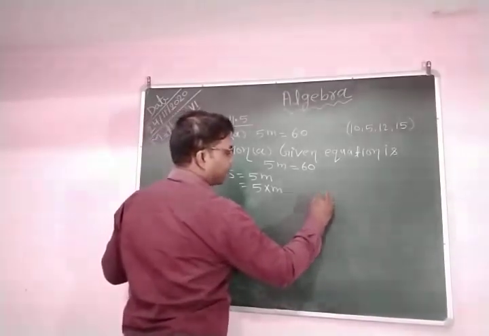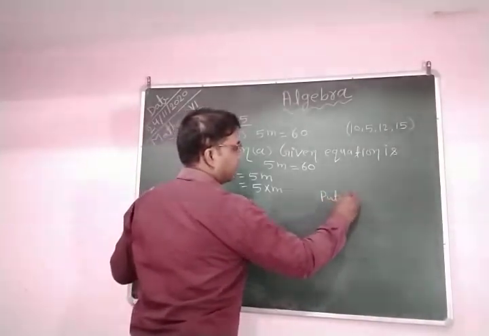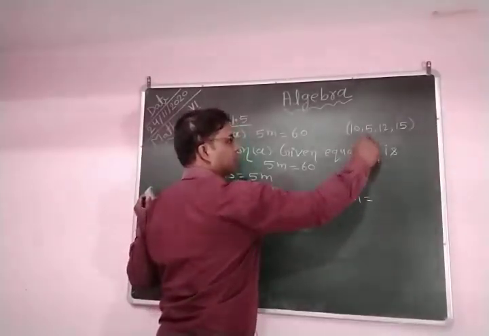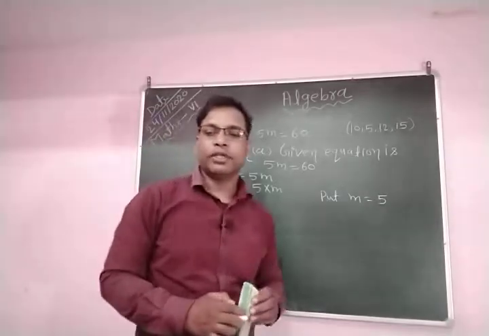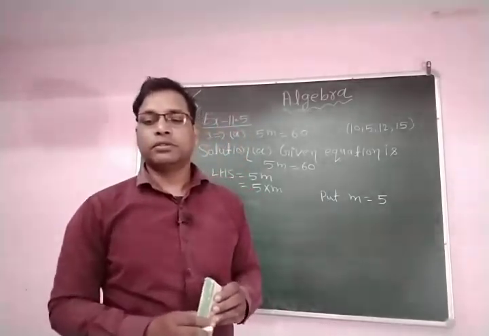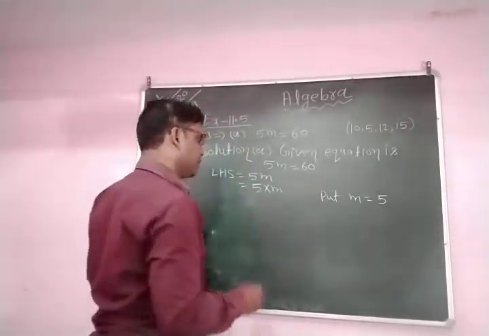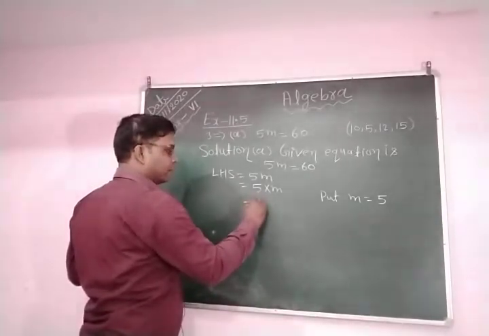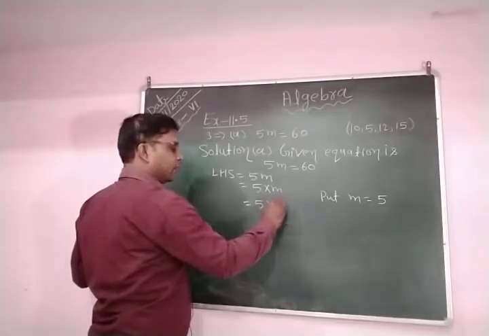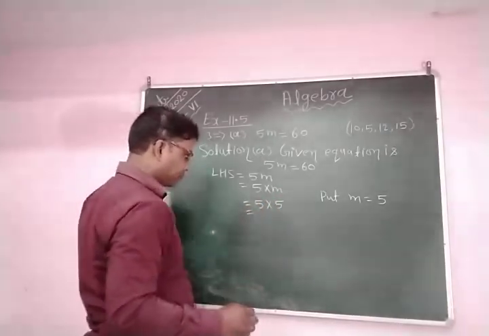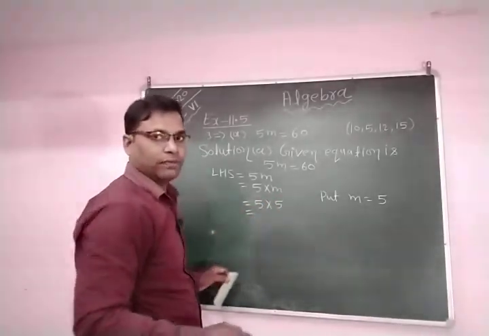We put m = 5, then we get 5 into m. You replace m by 5, so 5 into 5 is equal to 25.